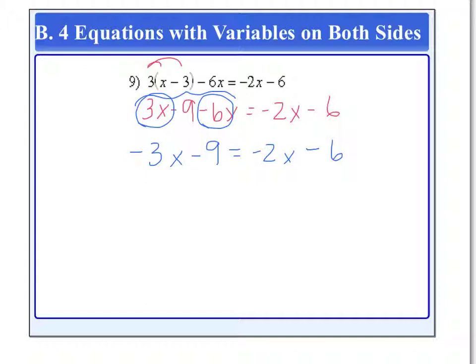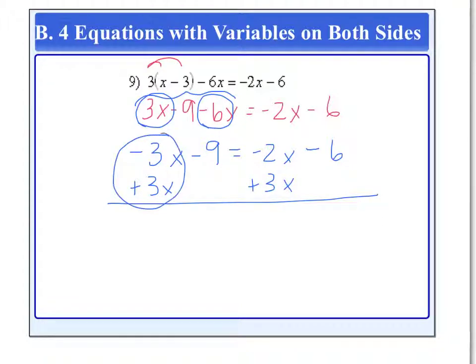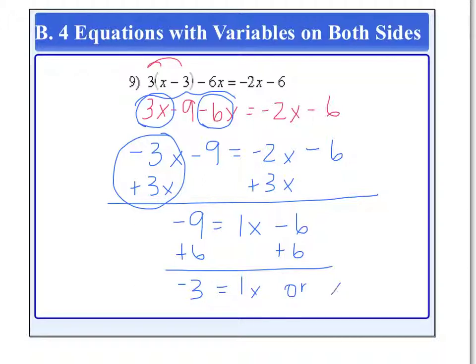I'm going to start out by adding 3x to each side. So I'm left with negative 9 equals 1x minus 6. I'm going to add 6 to each side. Get negative 3 equals 1x, or x equals negative 3.